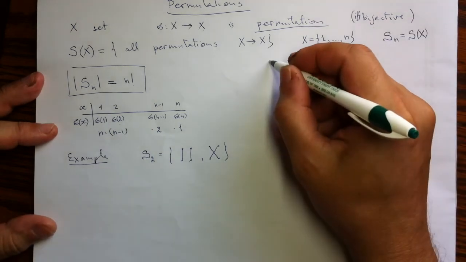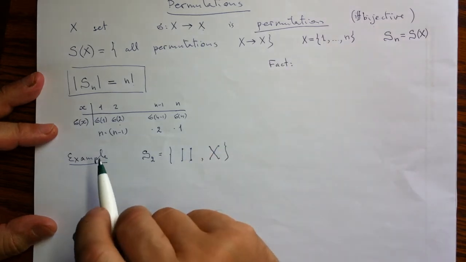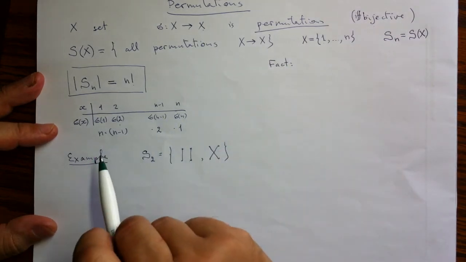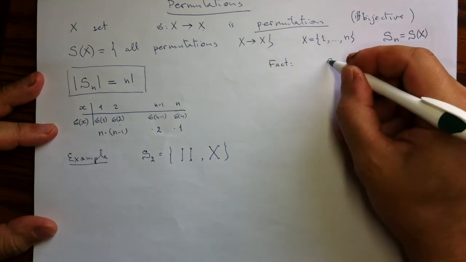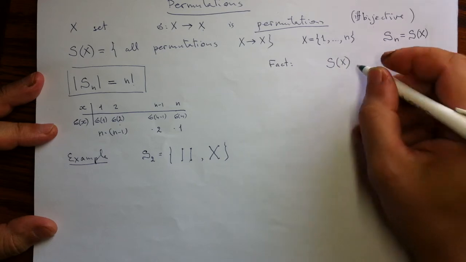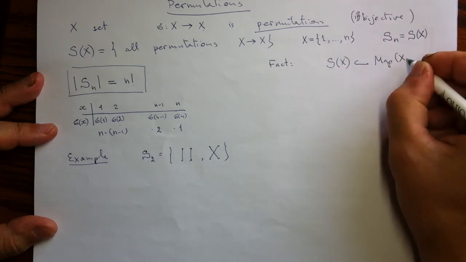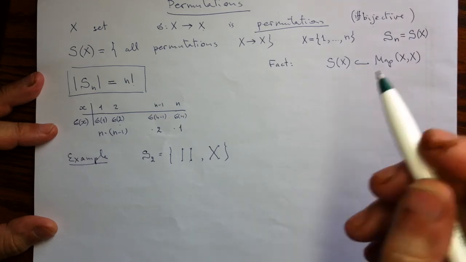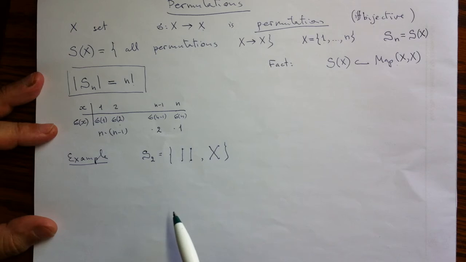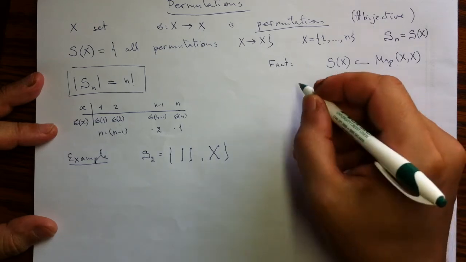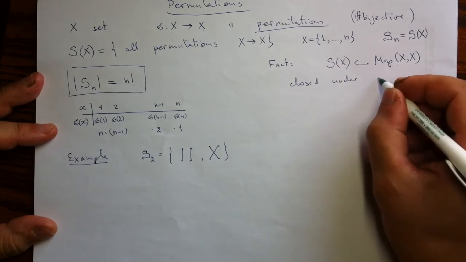And let me recall a fact about permutations, being bijections. They are closed under composition. So if we look at the permutations as a part of all maps, we can compose maps from X to itself, and this is a subset of invertible, of bijective maps, and is closed under the composition.